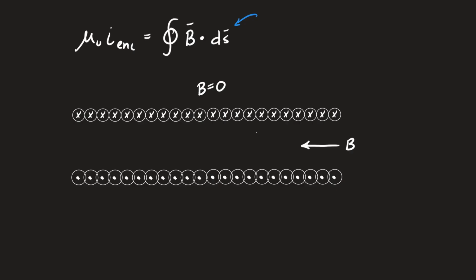And so let's do that again, a rectangle. And I'm going to put the rectangle in such a way that part of the rectangle is inside the solenoid and part of the rectangle is outside of the solenoid. And like I did yesterday, I will label the corners of the rectangle A, B, C, and D.